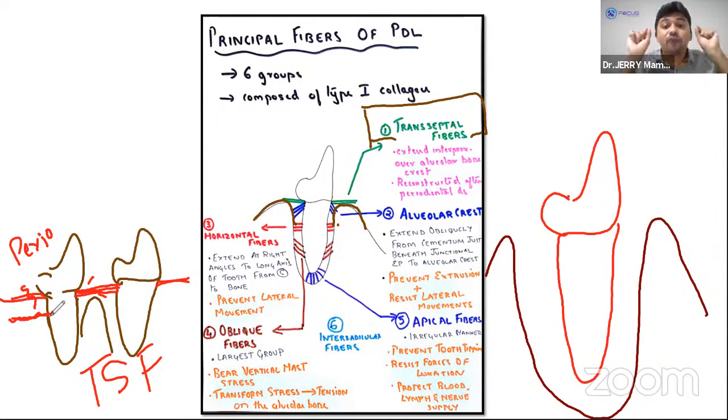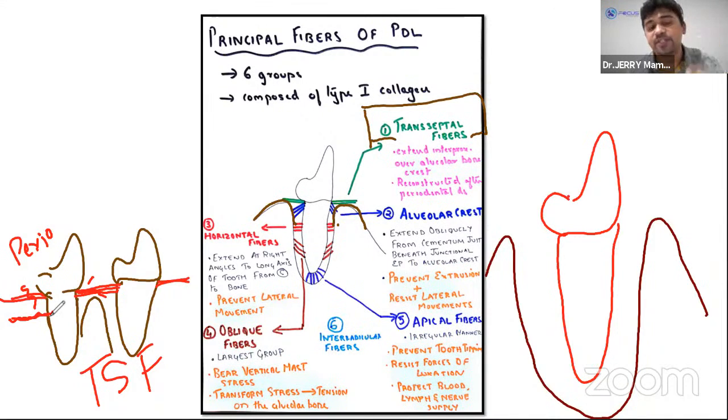These fibrous structures that form immediately along with the bone loss are your transeptal fibers. So they are the first fibers to get destroyed and the first fibers to be reformed in periodontitis or in case of severe bone loss.